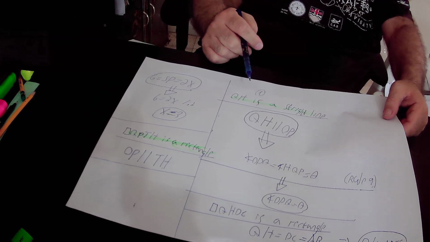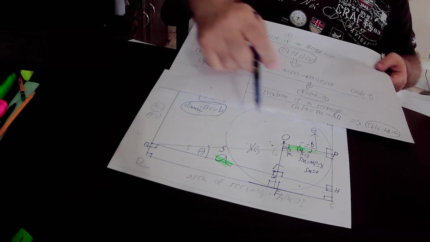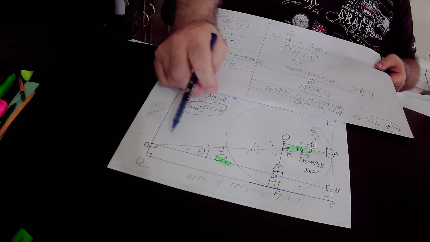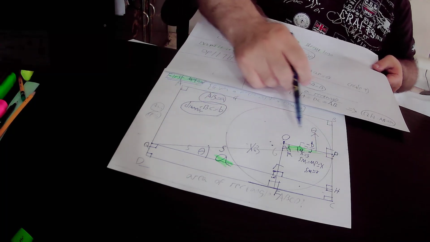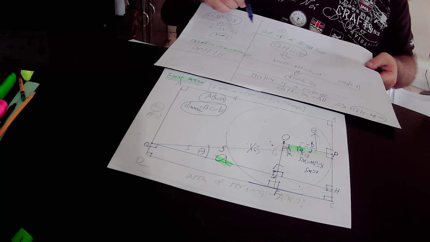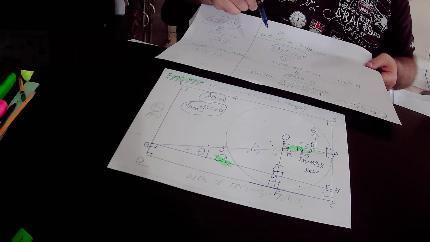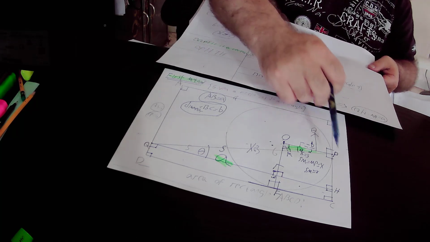So if part of the straight line QH is parallel to OP, it means that the straight line QH itself must also be parallel to OP, because if a part of a straight line is parallel to another straight line, then the straight line itself must also be parallel to the other straight line. Therefore, QH is parallel to OP.